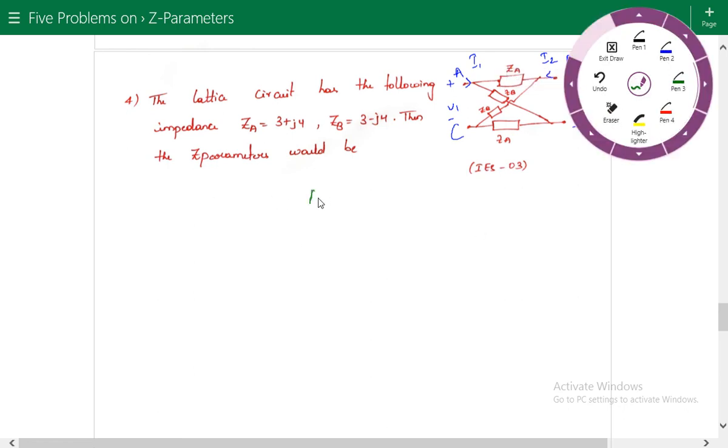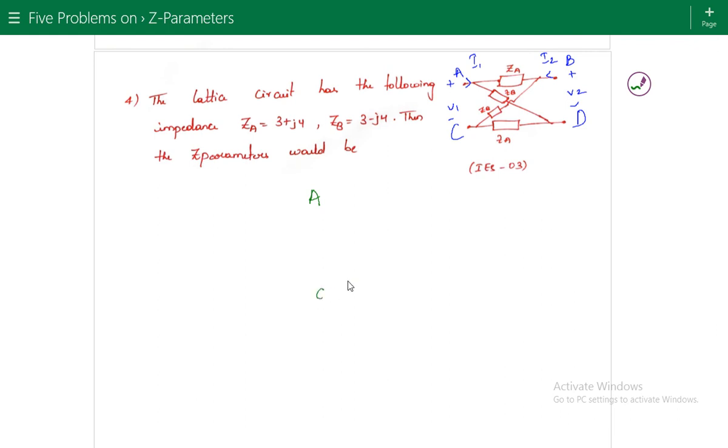Okay, this is point A, C, B, D. Between A and B we have ZA.